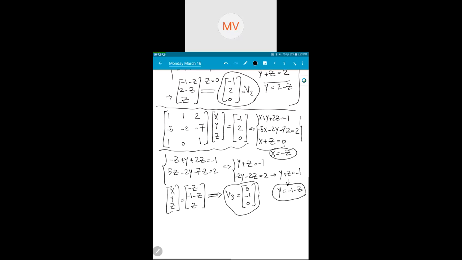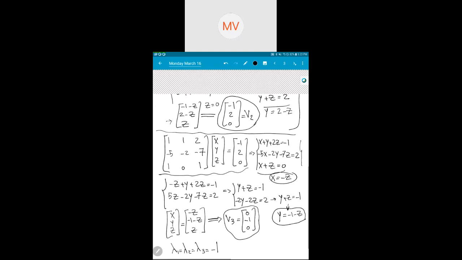Okay, now let's set up the solution. So by the way, let's wrap up. Lambda 1 equals lambda 2 equals lambda 3 for this system. They're all equal to negative 1. We found V1 to be, what was the V1 we picked?